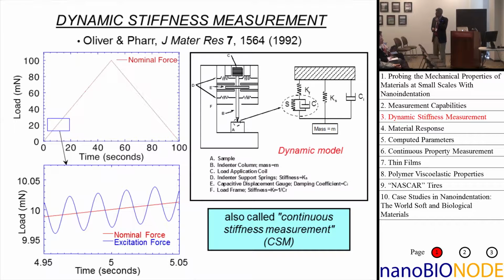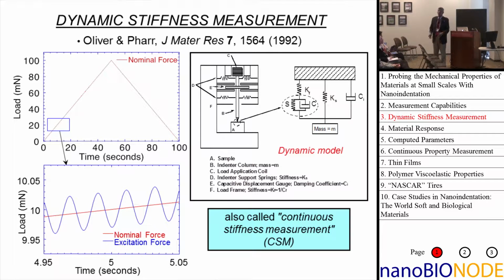But in order to implement it and measure properties in a reasonable way and in a semi-accurate way, you have to very carefully characterize the dynamics of the machine in addition to the dynamics of the specimen, because if you don't get the machine dynamics factored out properly, you'll come to all the wrong conclusions and you'll get bad results.